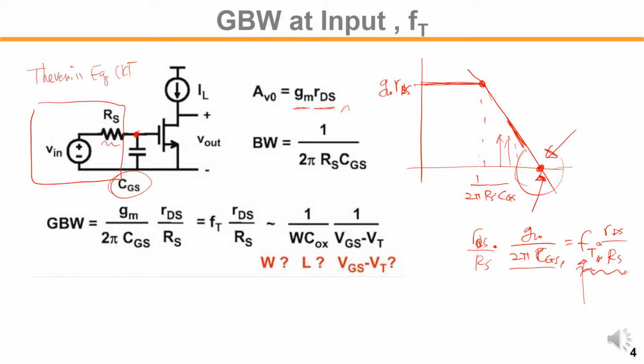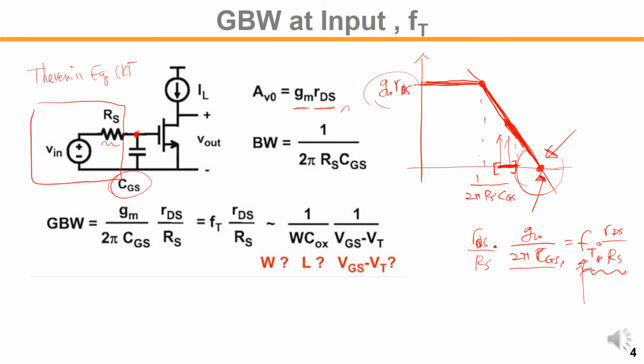So overall, most students only focus on the DC gain, but in reality, the DC gain and also this midband frequency gain are important, especially for RF application.